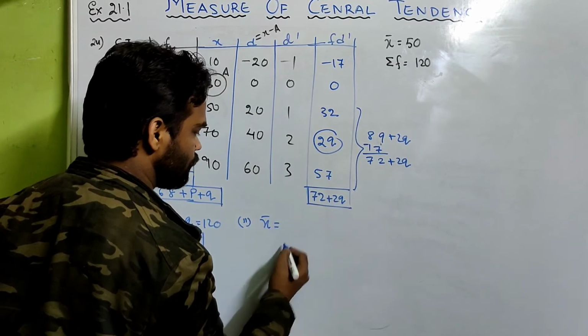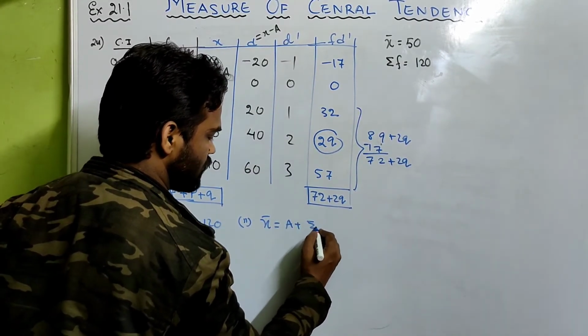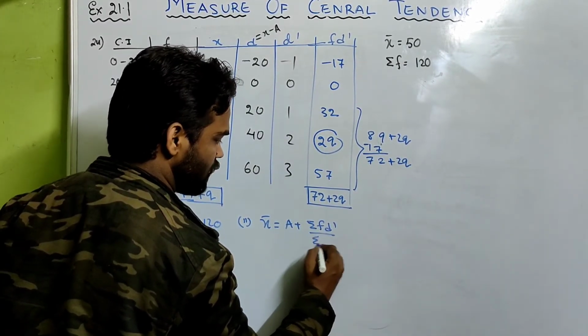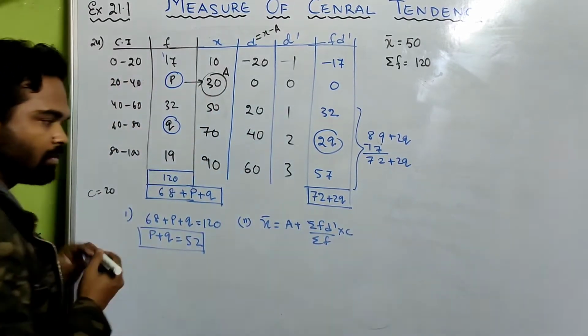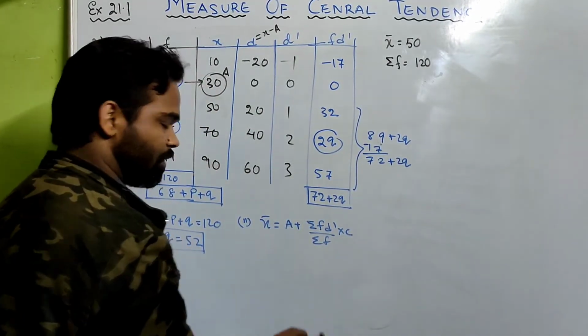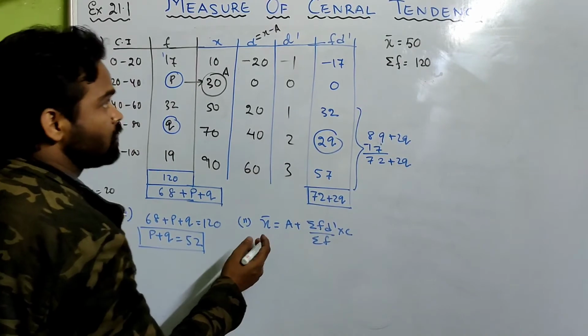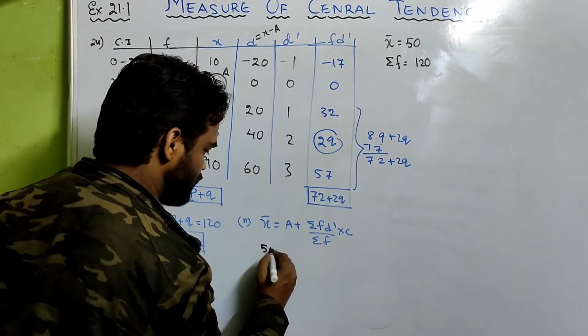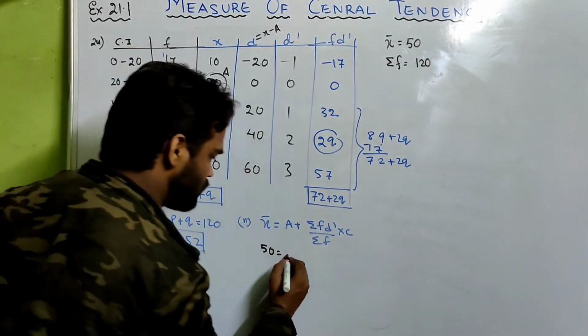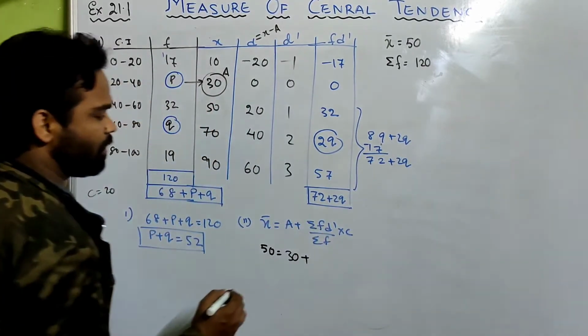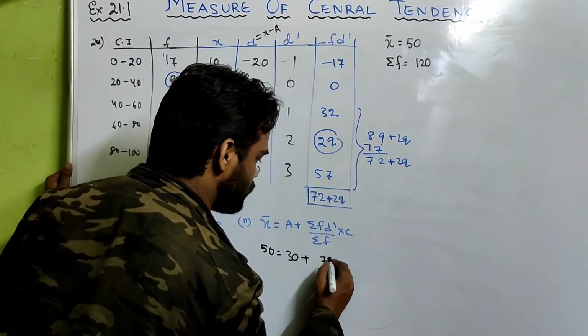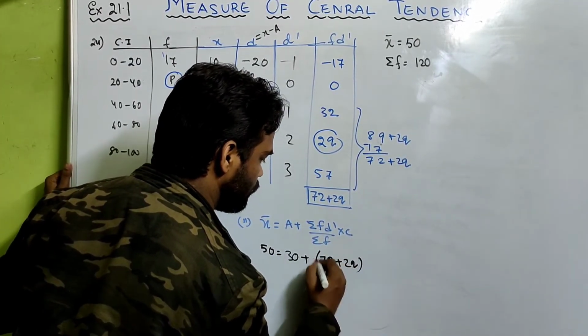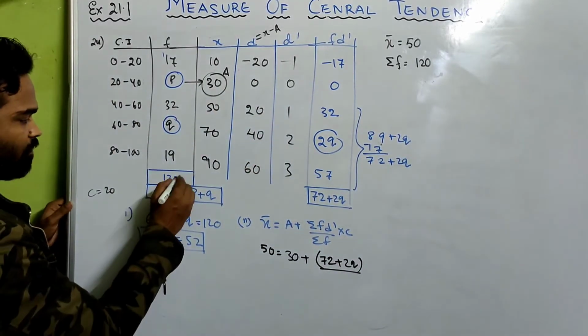Okay, next we'll use the concept of mean. Mean equals A plus sigma F D dash by sigma F into C. That was the mean by the step deviation method. So X bar is 50 equals, assumed mean 30 plus sigma F D dash is 72 plus 2Q. Sigma F we can use 120.